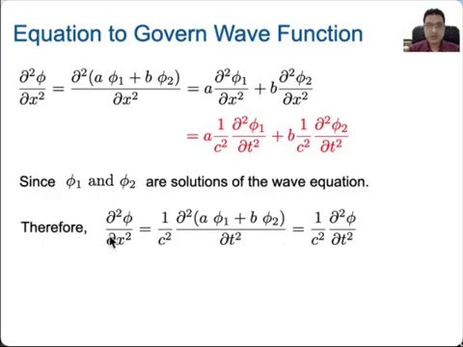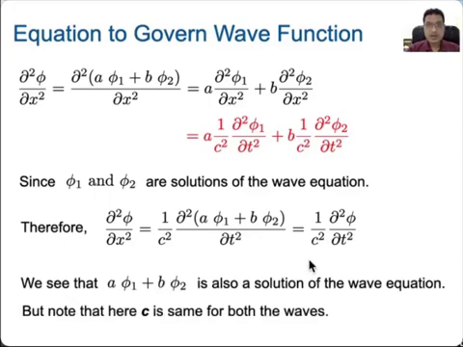So what I have shown is that if my phi 1 and phi 2 are solutions of this wave equation, then their linear superposition a times phi 1 plus b times phi 2 is also a solution of this wave equation. Note that the new solution has the same velocity, which is the case of the previous condition.